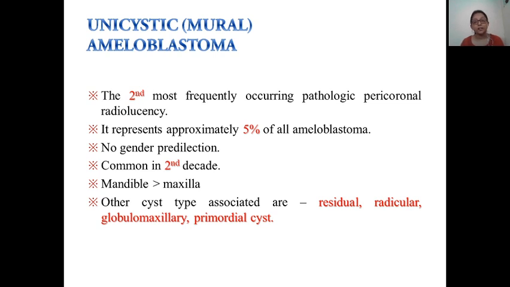In radicular cyst, there is a history of a non-vital tooth or a carious tooth. Globulomaxillary cyst is mostly found in between the lateral incisor and the canine region, and it gives a pear shaped look in the radiographs. Primordial cyst is a primitive cyst and it takes place in an unerupted tooth like the dentigerous cyst.